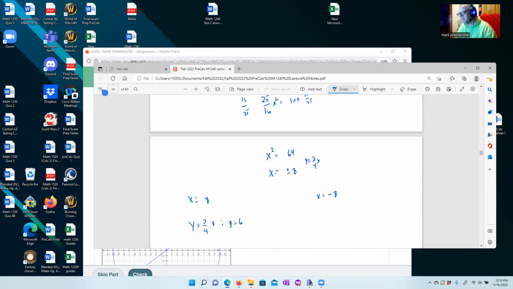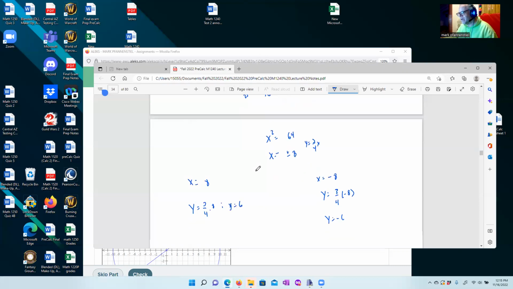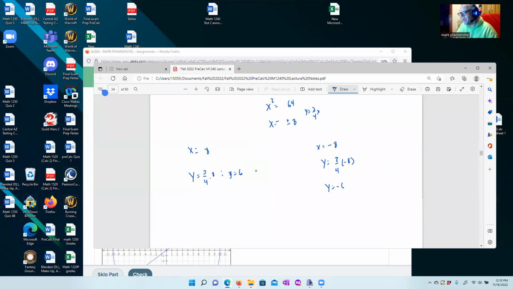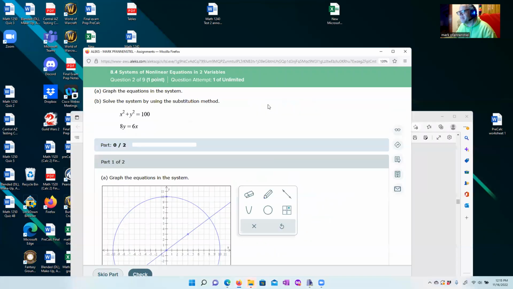And with x equals negative 8, y is equal to 3/4 times negative 8, so y equals negative 6. So our pairs of points that we're going to say are solutions here are (8, 6) and (-8, -6). And that's pretty much what we do.